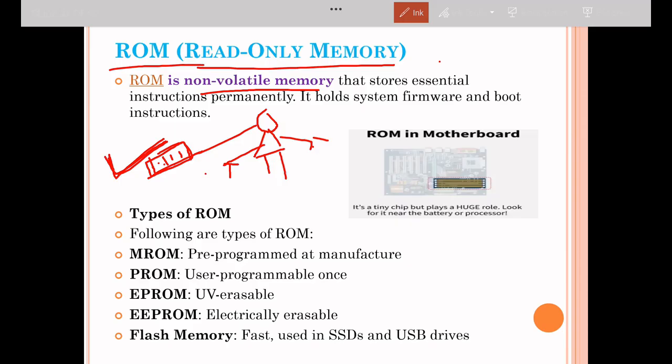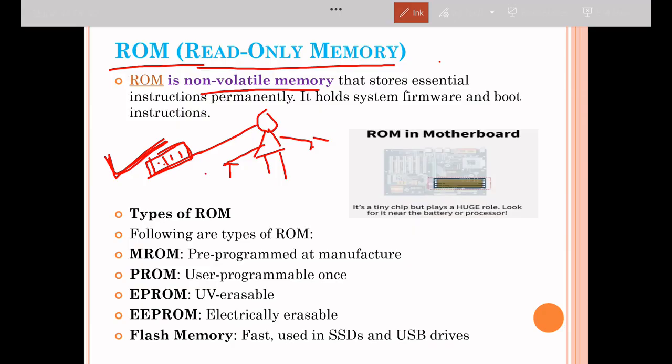You cannot erase it. When the company manufactures the laptop, at that time they build in one chip. This is the ROM, and some information is there, and it stores essential instructions permanently.